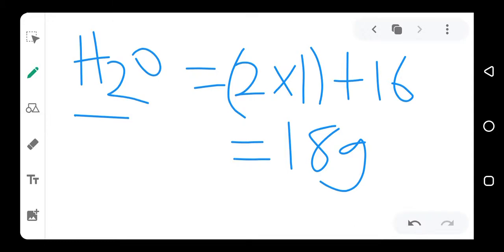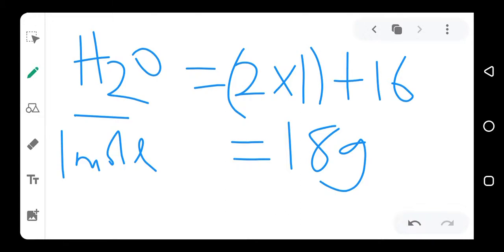This means that 1 mole of water weighs 18 gram. The mole of a substance has a weight that is equivalent to the molar mass of the substance.